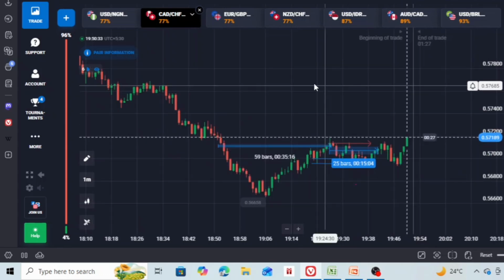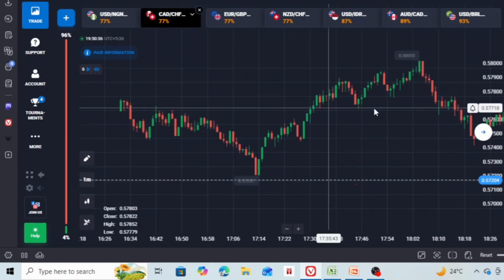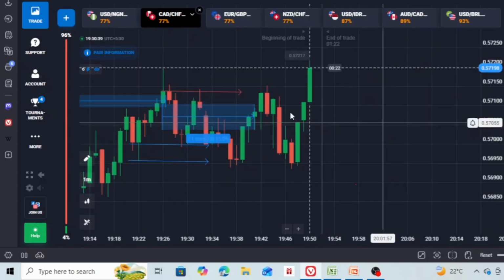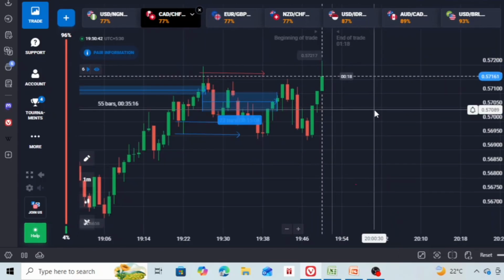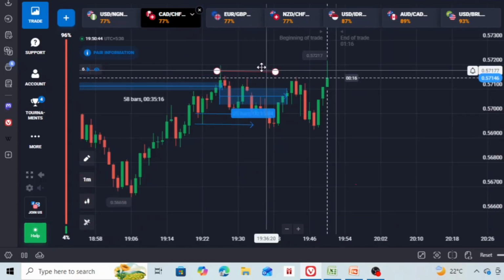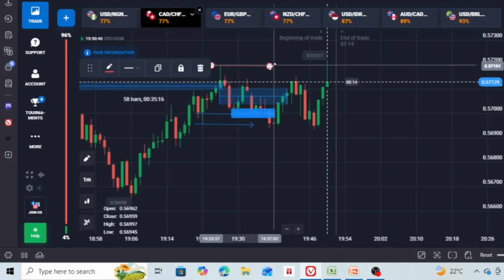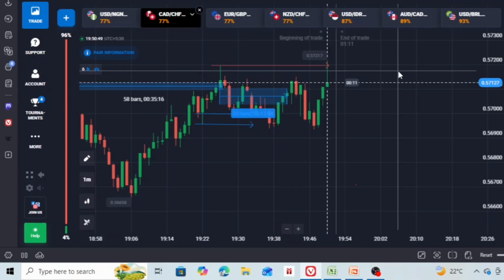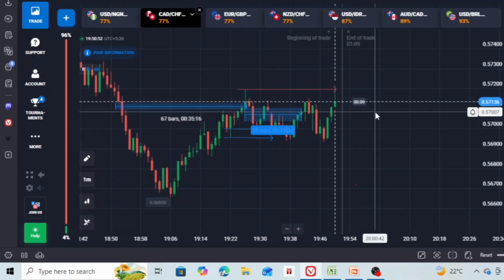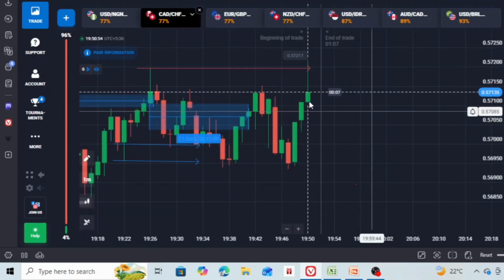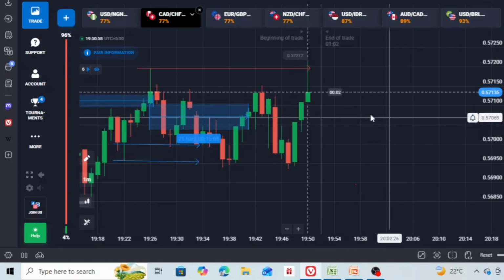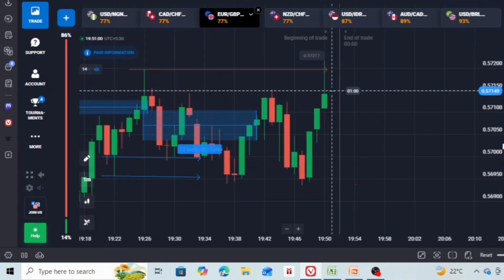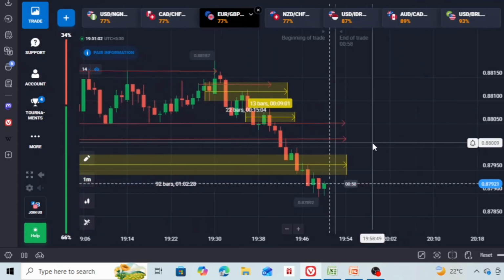Okay, so here the market is creating the bullish gap. Let us see. Okay, so it has swept this high. This is also the resistance area. Okay, but the market is creating the bullish gap, so let us wait.